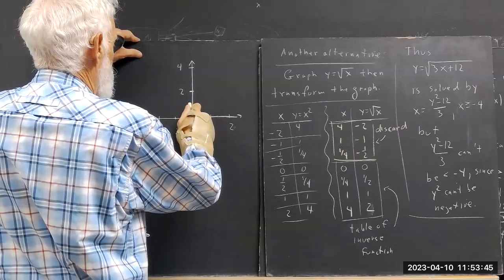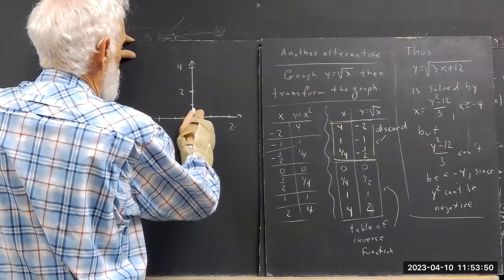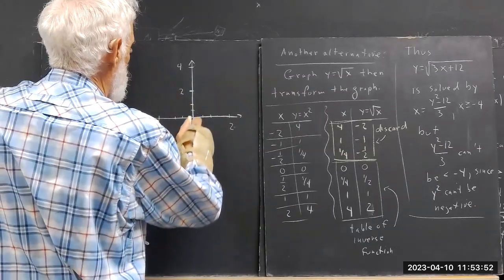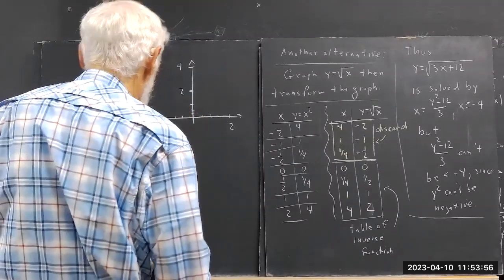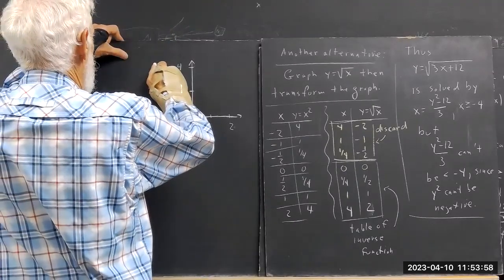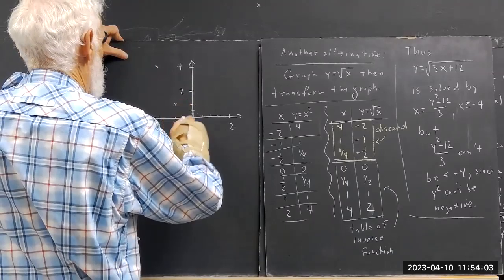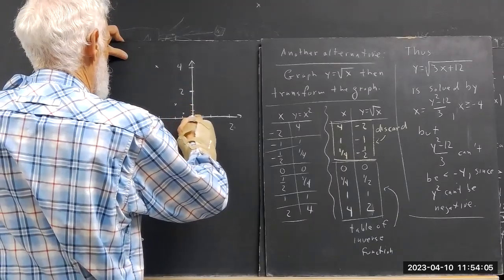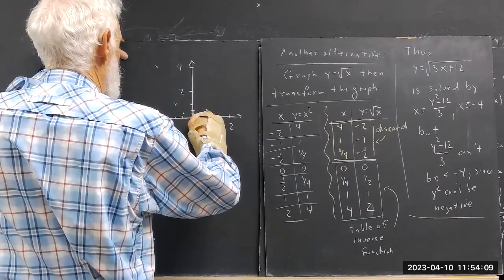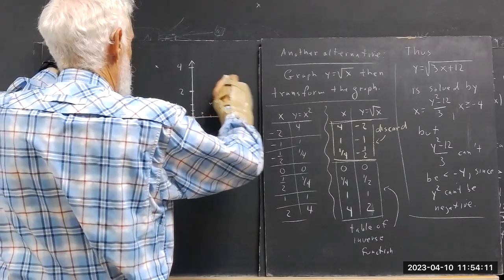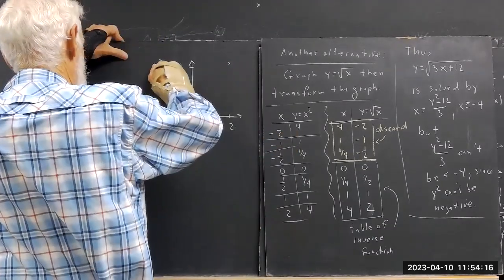And then we're going to get 1 halfway between 2 and 0, 1/2 halfway between 1 and 0, and 1/4 halfway between 1/2 and 0. And we can easily sketch the points according to our table.